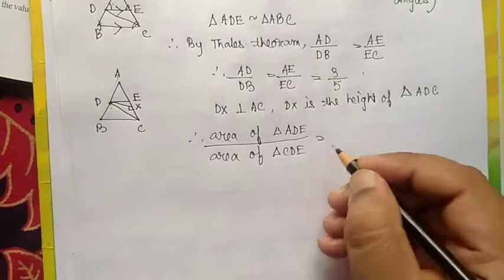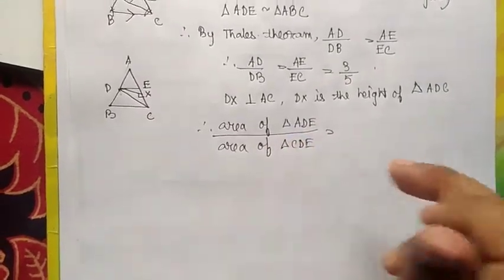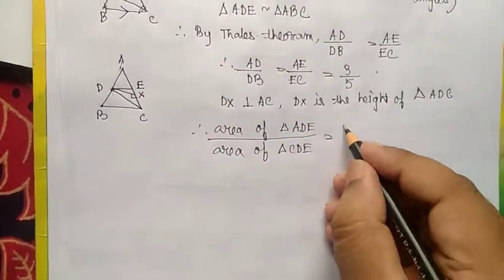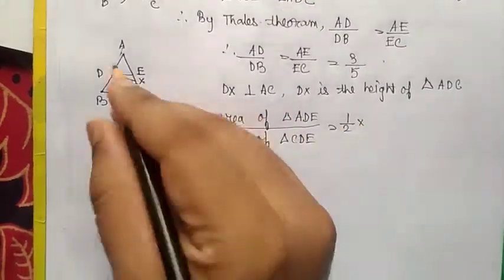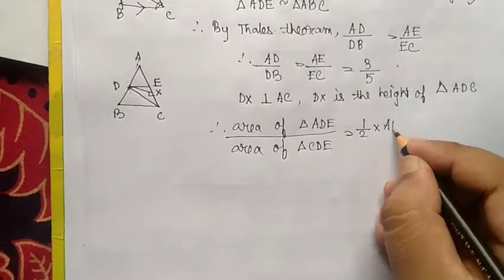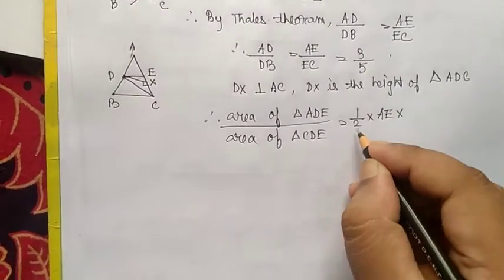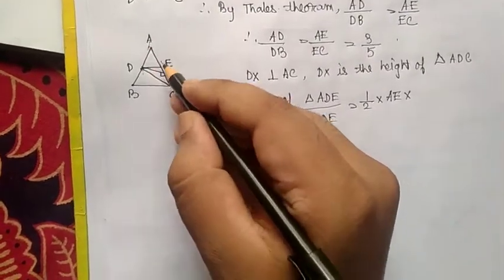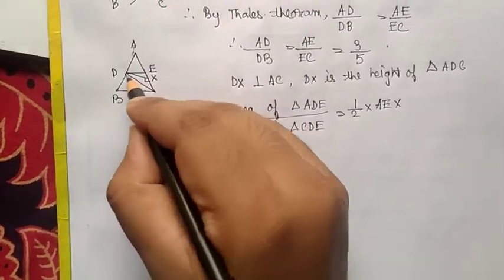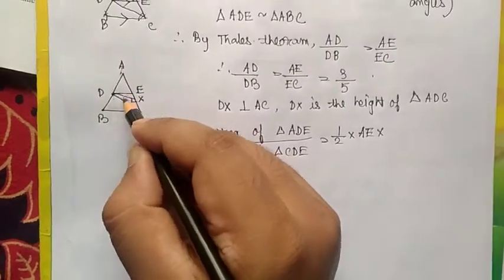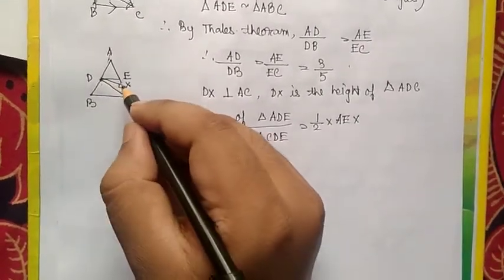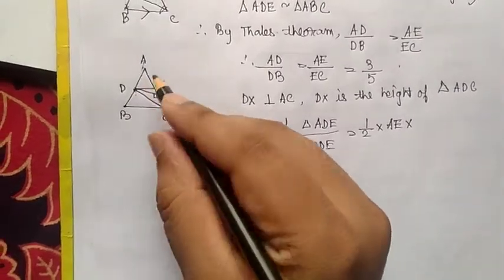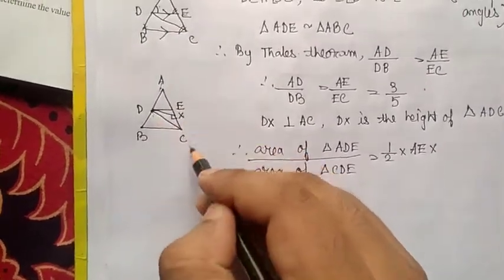Now we know that area is half into base into height. For ADE, half into base, meaning AE, into height. Here the height is DX. Although DX is not in the triangle ADE, still from D the smallest distance to AC is DX, so DX is the height of triangle ADC, triangle ADE and triangle DEC also.